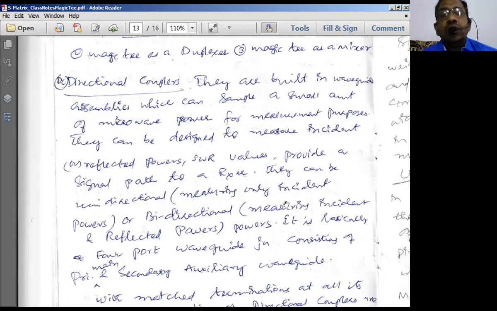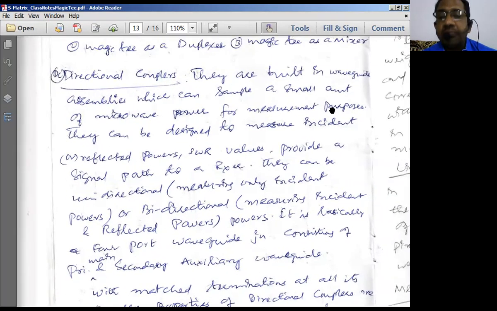The directional coupler is normally built in waveguide assemblies. How do we normally build any of the microwave components? It is built using waveguides only. Waveguides are tilted, twisted, and cut, making many joints in the waveguides in order to bring out the microwave components.